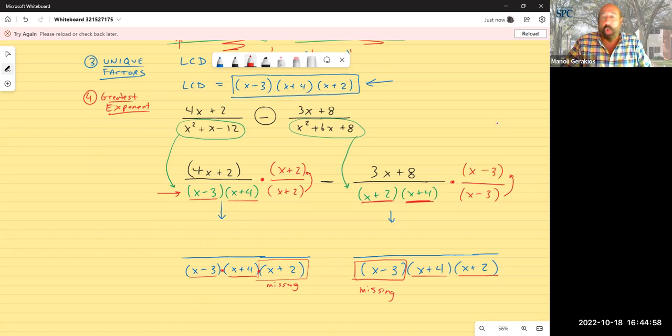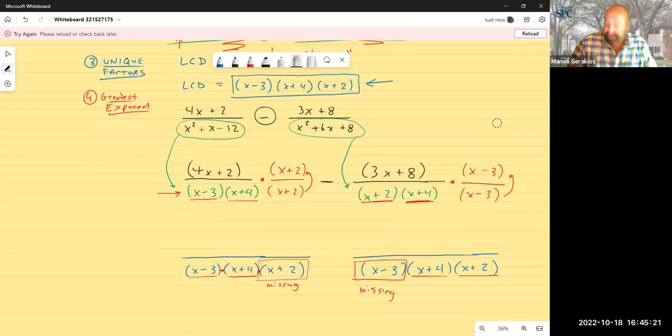Here's a giant 1 again. So I'm allowed to times any rational expression or fraction by 1. It's going to change the look of it, but it's not going to change this rational expression's value, what it represents. I need to capture the multi-term numerator, 3x plus 8, in parentheses. Okay, next.